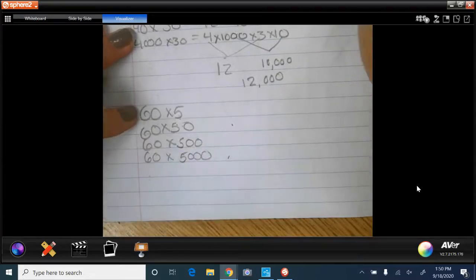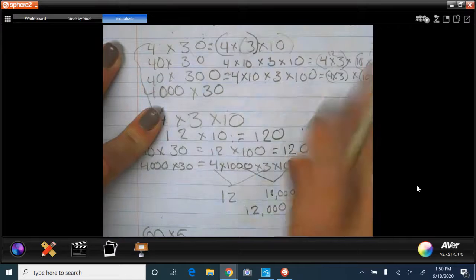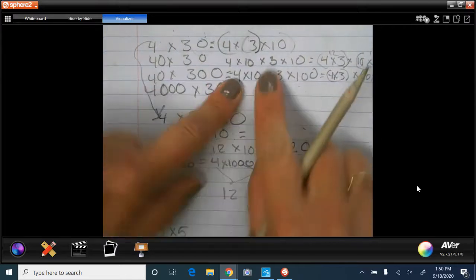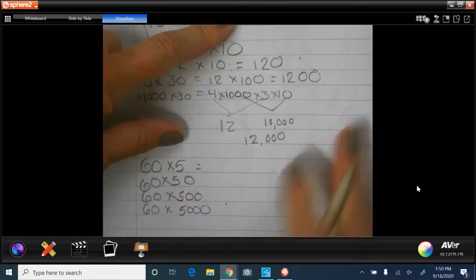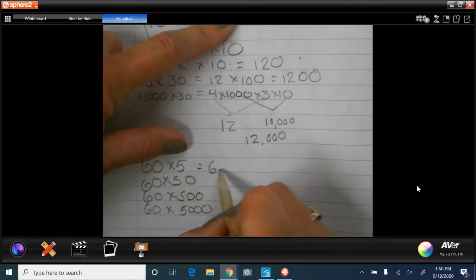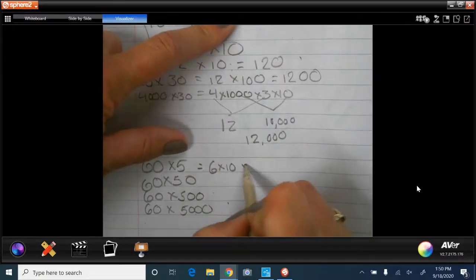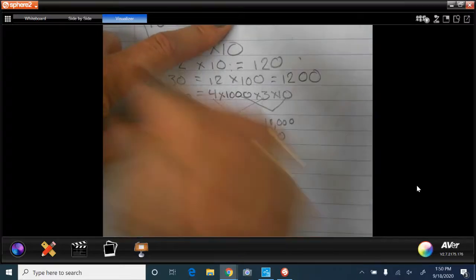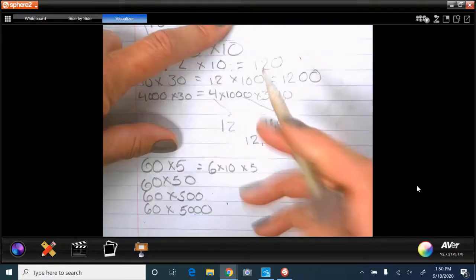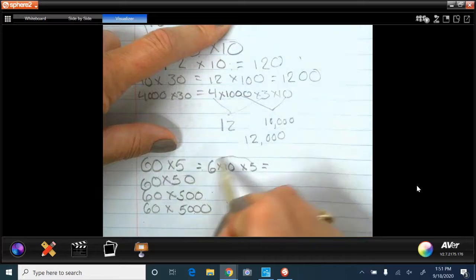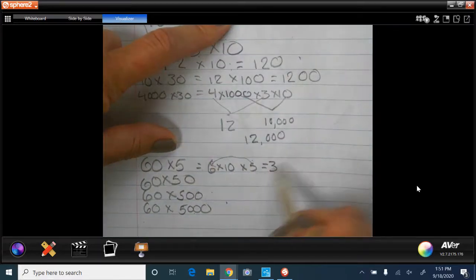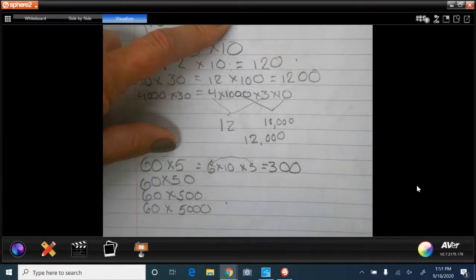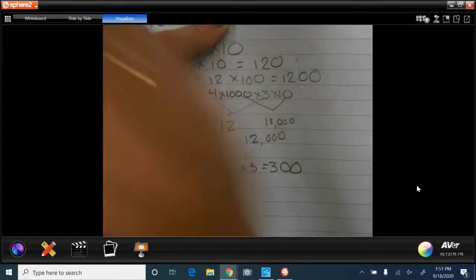You could break them apart in the same way that I showed you up here, where you just look at what's happening. Like on the first one, 60 times 5 would be 6 times 10 times 5. I just broke it up, right? Which would give me 6 times 5 is the easy math to do. 6 times 5 is 30. Times 10 becomes 300.